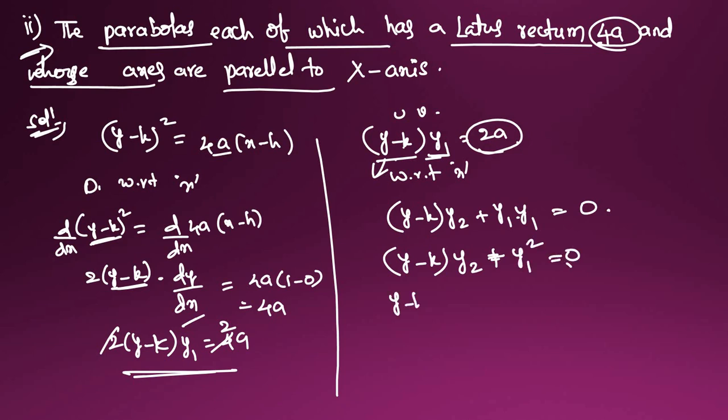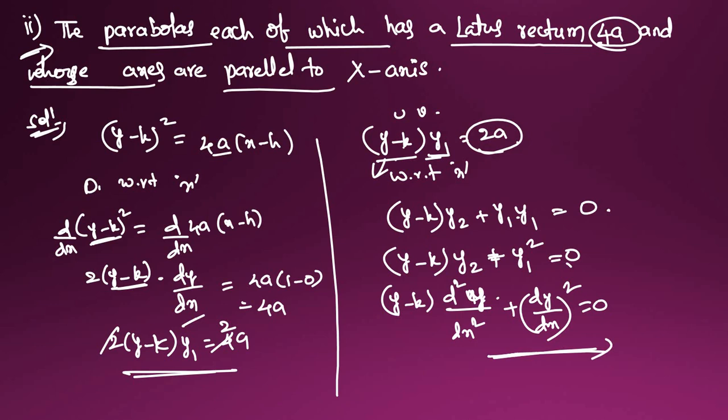So we can write it as y minus k into d square y by dx square plus dy by dx whole square is equal to 0. So this is the answer of the given question.